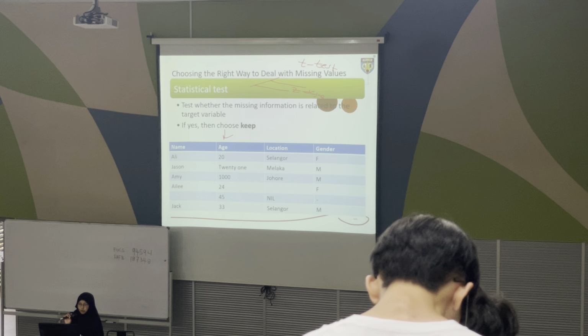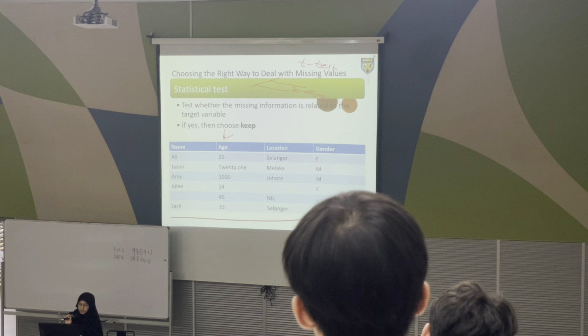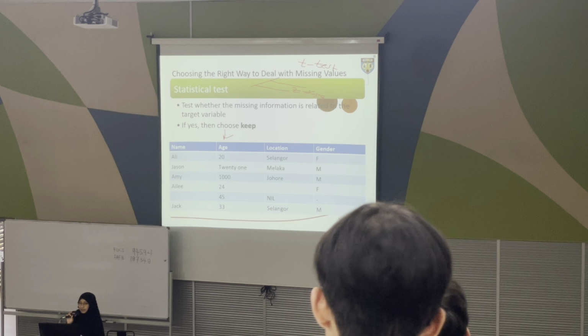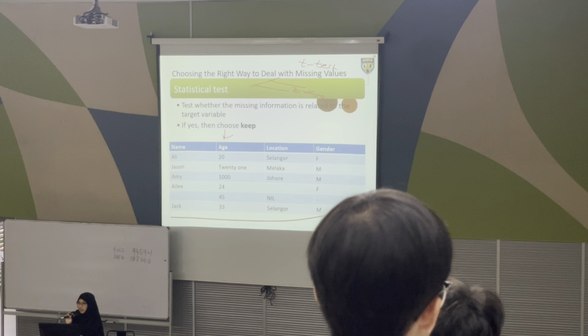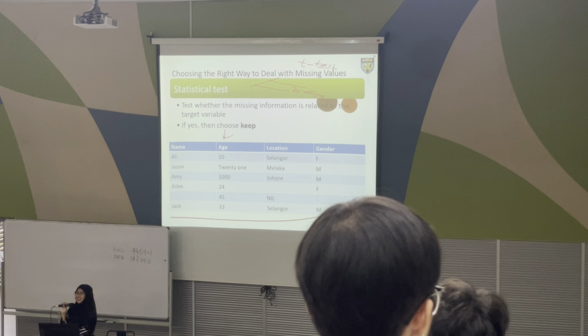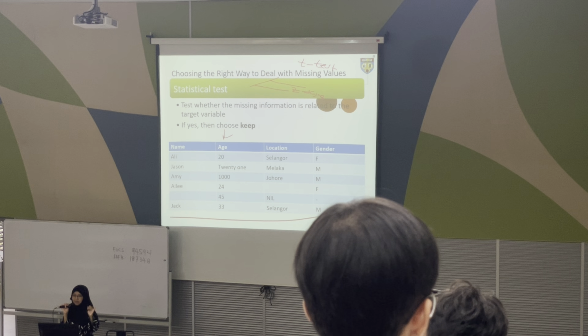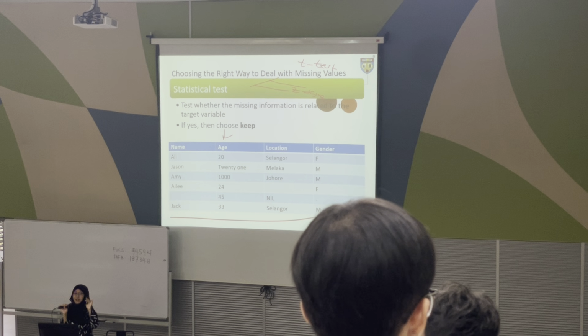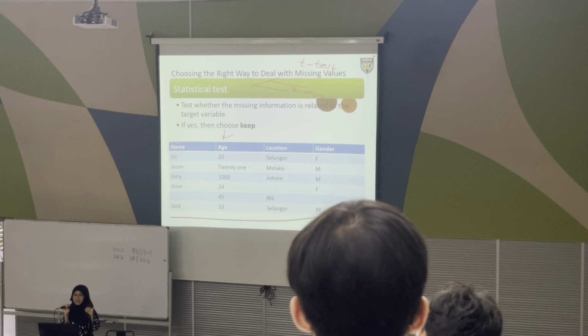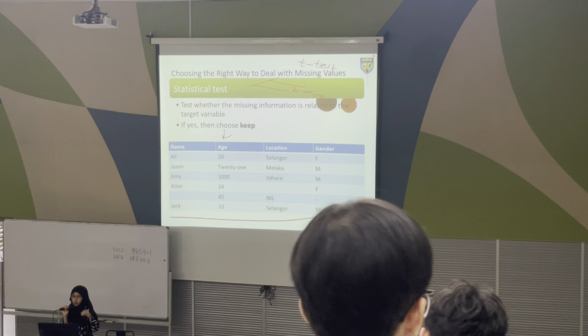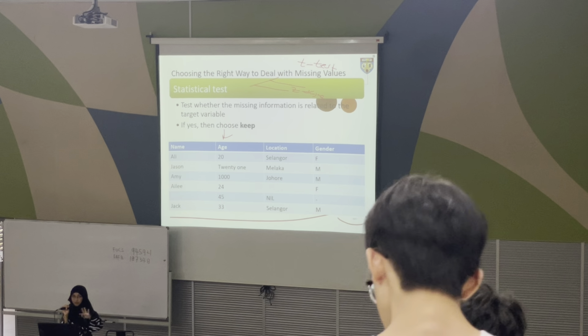Okay, before you delete the age feature, you need to identify whether this feature or variable is dependent or independent. If it is independent, okay, you can delete. If you find out that the feature age is dependent on feature name, then you cannot delete.